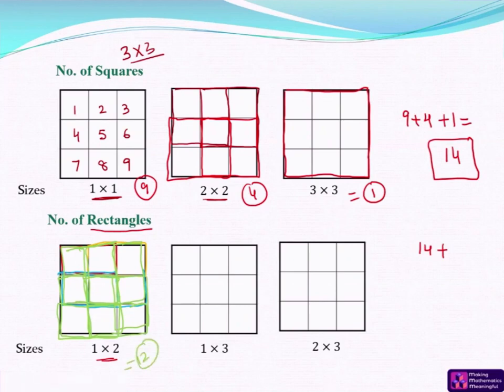So a total of 12 such rectangles are here.